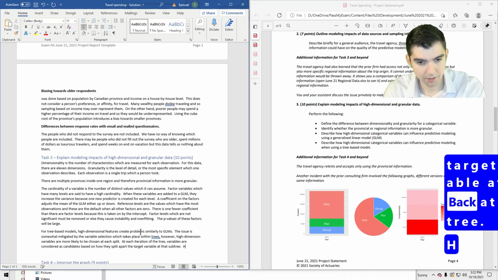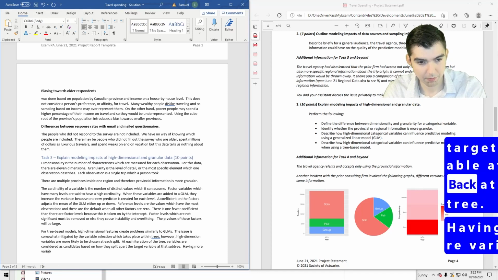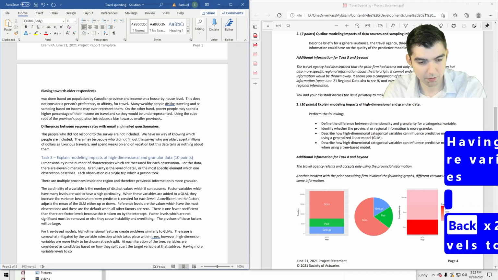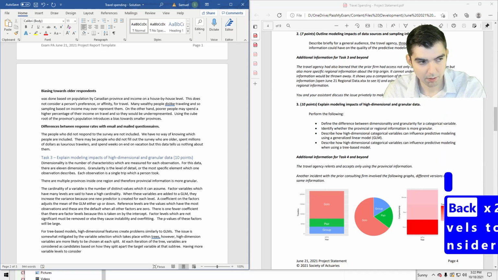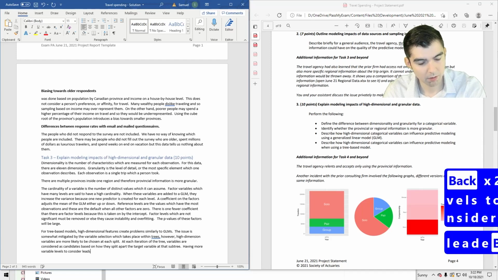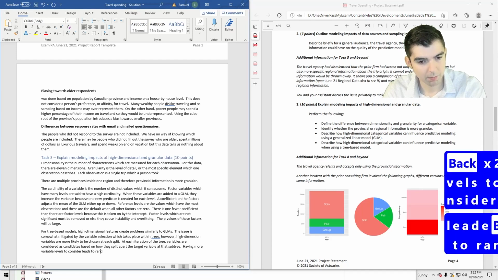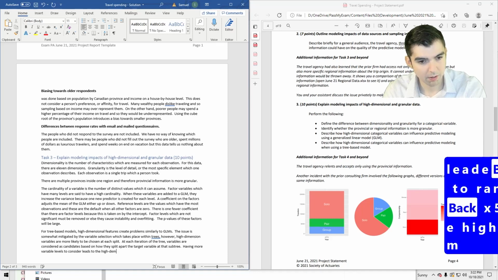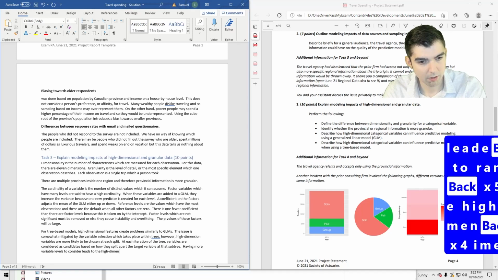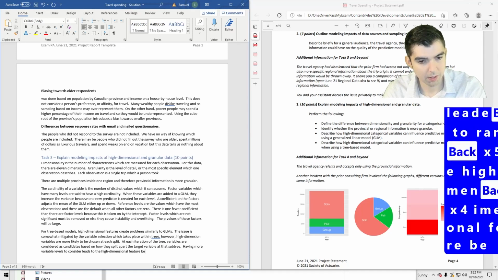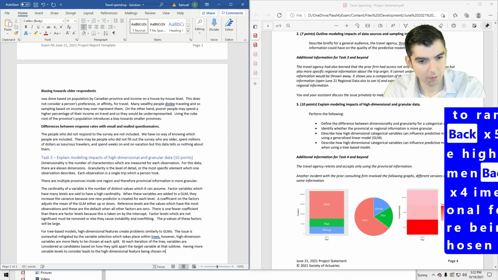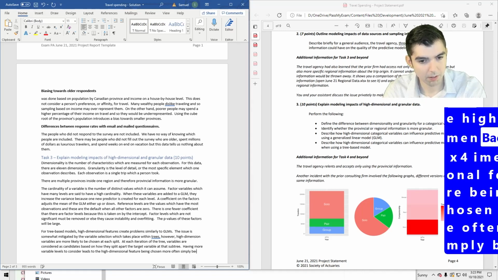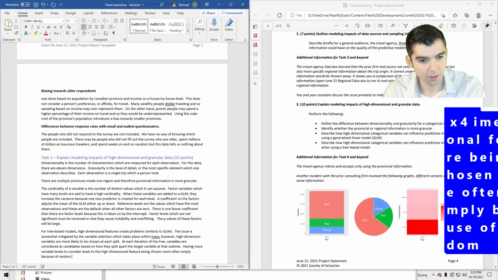And having more variable levels to consider leads to the high-dimensional feature being chosen more often, simply because of random noise.